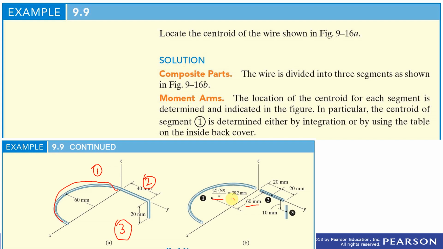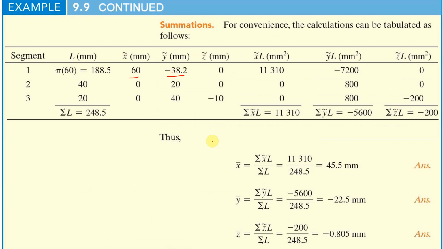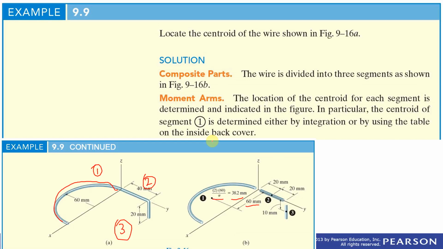There, yeah. It's negative because it's in the negative y direction. X coordinate, now for the two wires, yeah, they'd both be 0. You'd have a z coordinate, you'd have a 10 millimeter z for this final one, by the way.